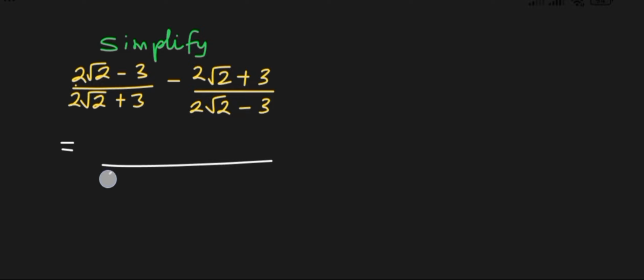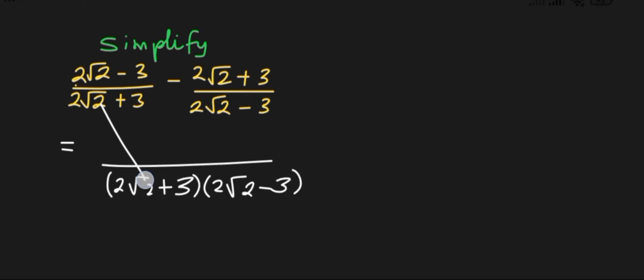To simplify this rational radical expression, the subtraction, the LCD of the denominators will be the product of the conjugates 2 root 2 plus 3 times 2 root 2 minus 3. And this we use to find equivalent fractions where 2 root 2 plus 3 cancels 2 root 2 plus 3 to leave us with 2 root 2 minus 3, which multiplies the numerator 2 root 2 minus 3, such that we have 2 root 2 minus 3 all squared.